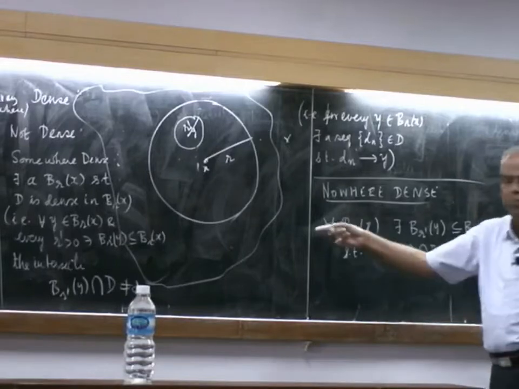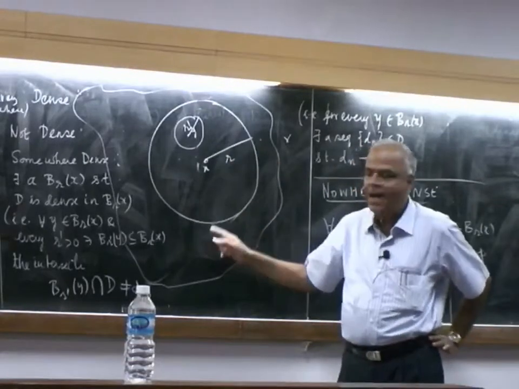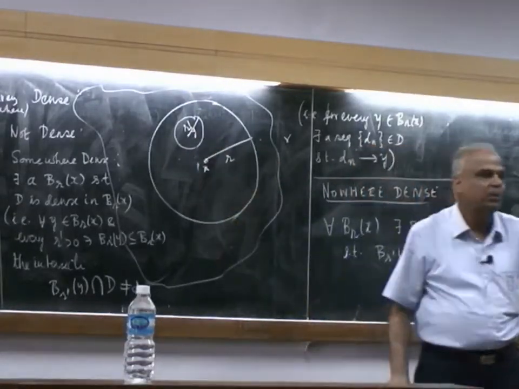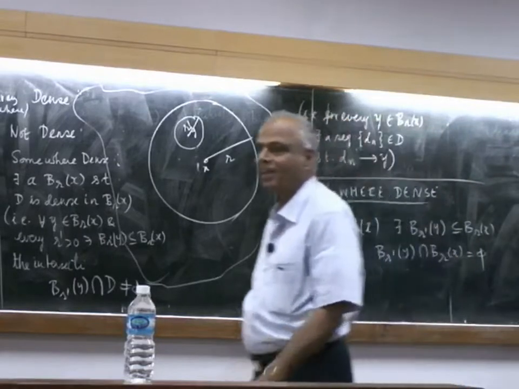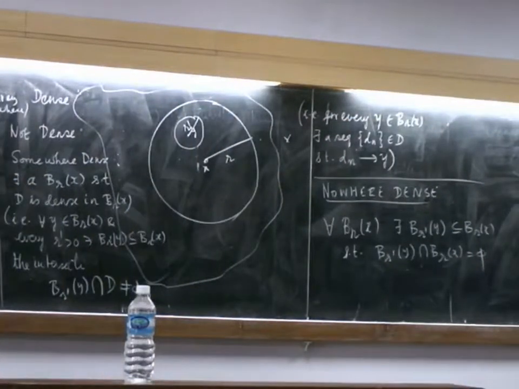So every small universe has a smaller universe which is free from mosquitoes. That is what is meant by nowhere dense. That is, finally the eradication department has done a good job.